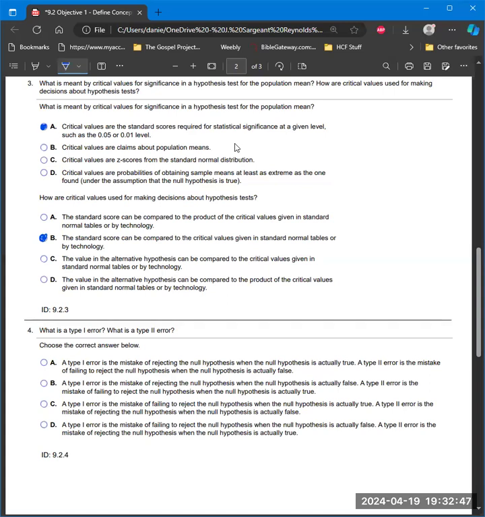We consider, usually, not always, but usually, a type 1 error to be the more egregious error to make. So we try to minimize that and make alpha as small as possible. And we cannot get alpha and beta to both be small. We have to pick one of them to be small, and that's going to automatically make the other one big.